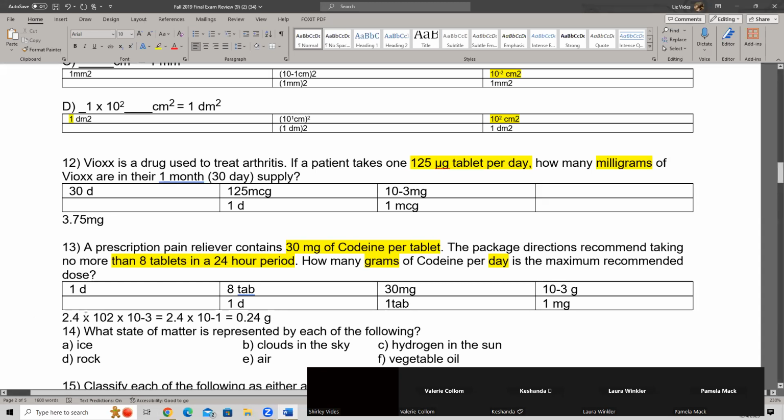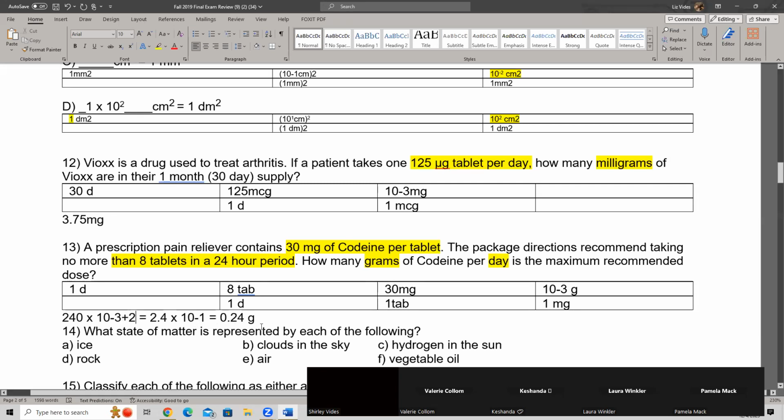Yes. Okay, so let's do it that way. 240 times 10 to the negative 3. And we want to make it 2.4, right? So we're backing it up 2, so we're adding 2 to this one, right?